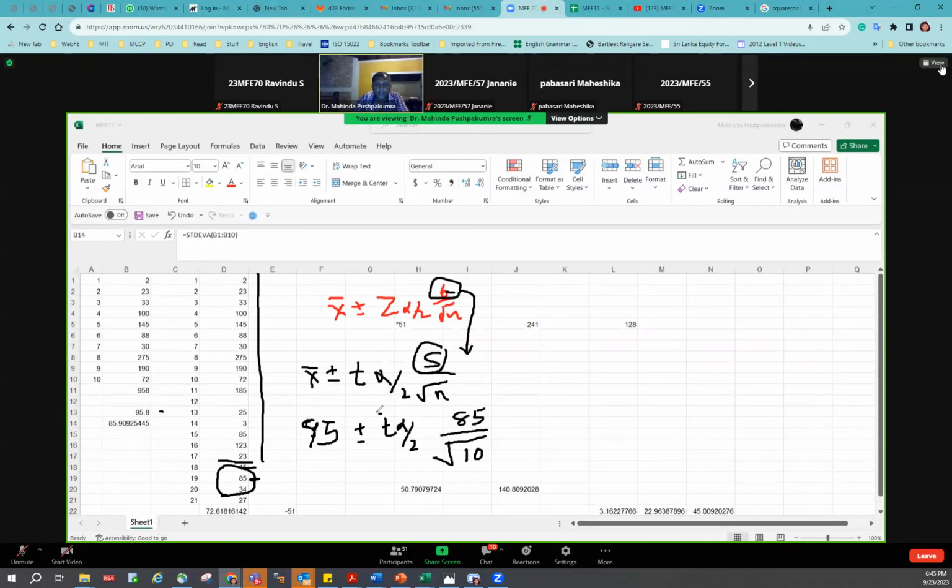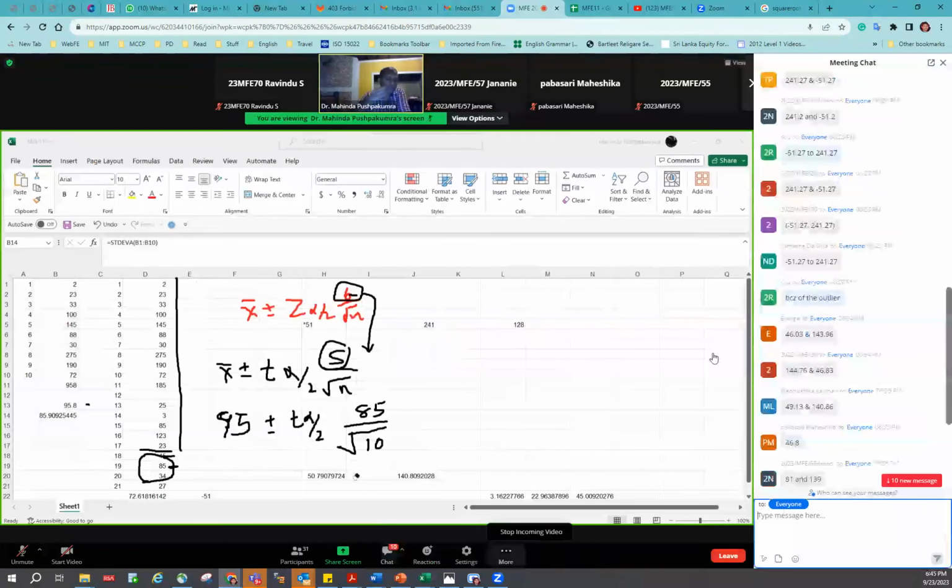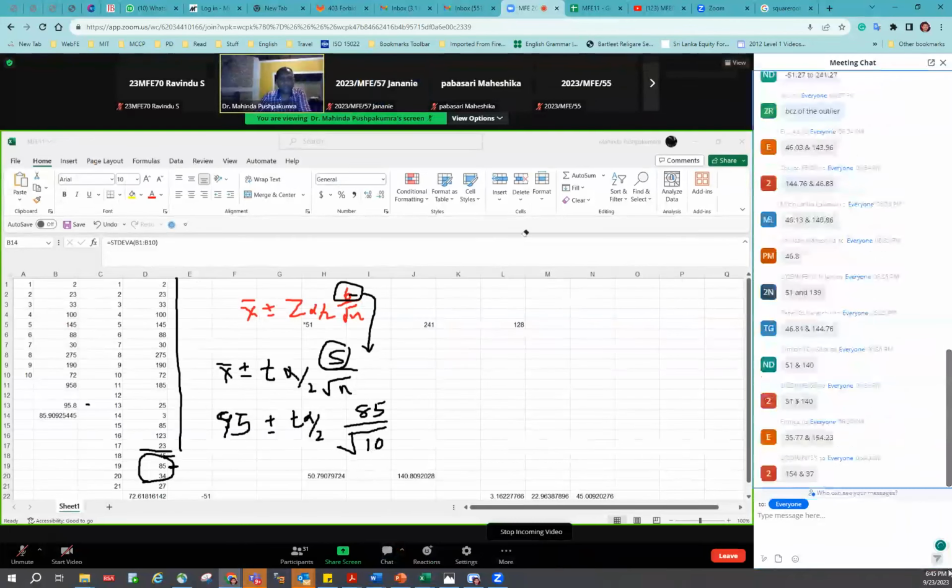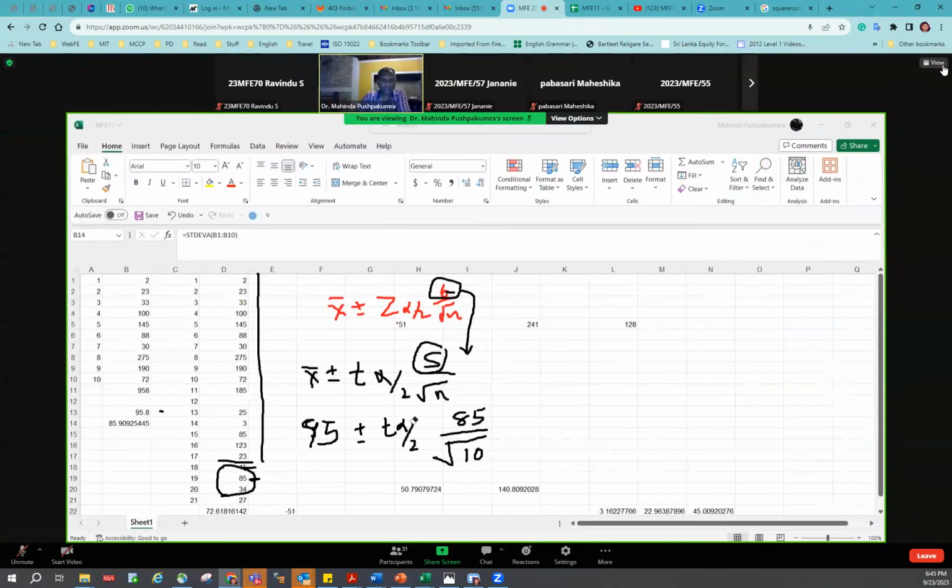Then you may have a doubt how to get this one. I think we did not read the T table. This is from the T table, and I have shared the T table with you. Is it clear up to this point? What we did was, since we don't know the population standard deviation, we calculated the sample standard deviation and substituted it here. Now I am going to explain how we can get this value.